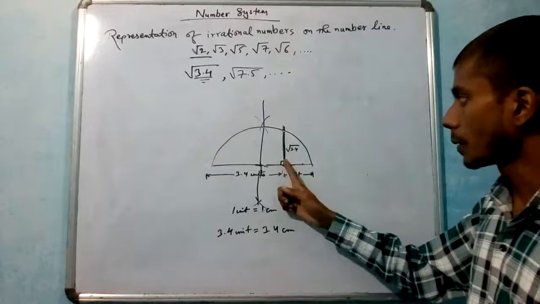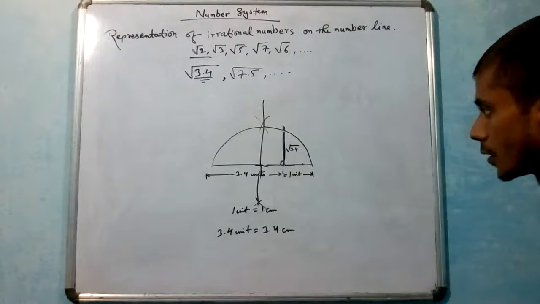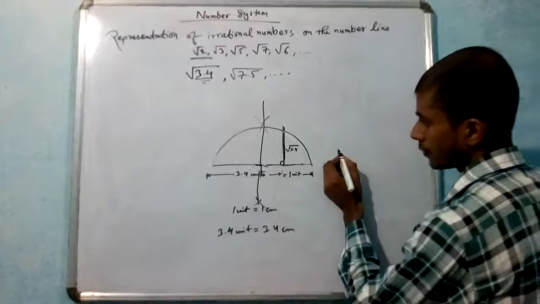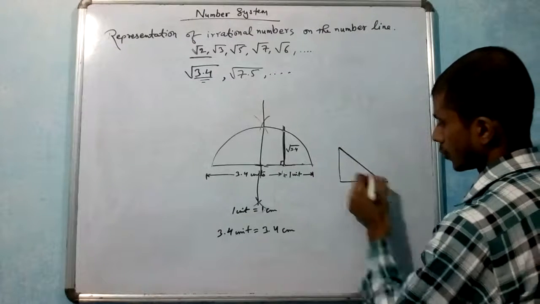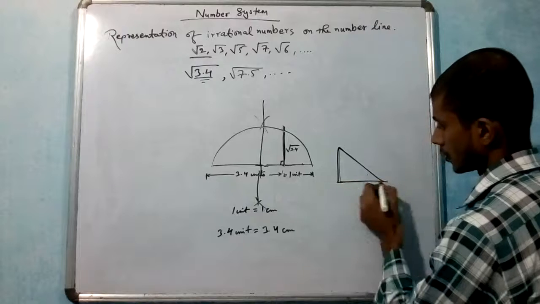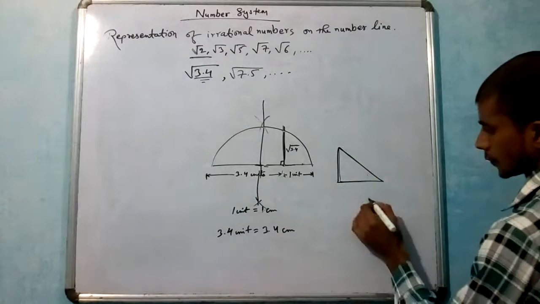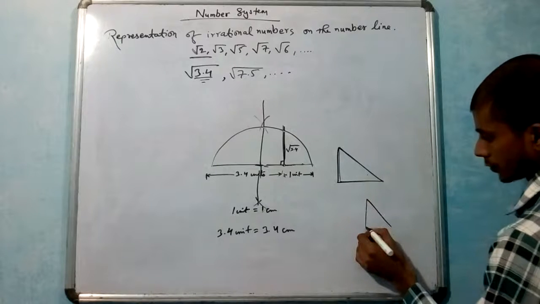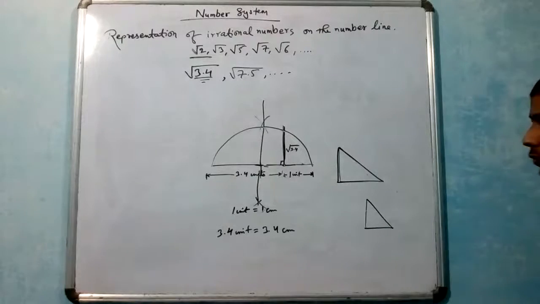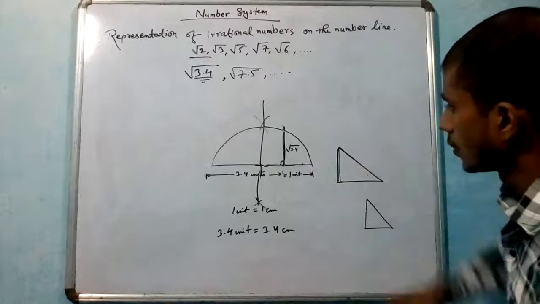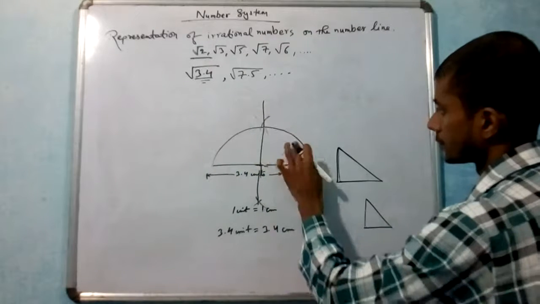Fine? Now the question is how to draw the perpendicular line. You have the set square. Do you have the set square in your compass box? Two triangles are there, no? When this is not there, what to do then?